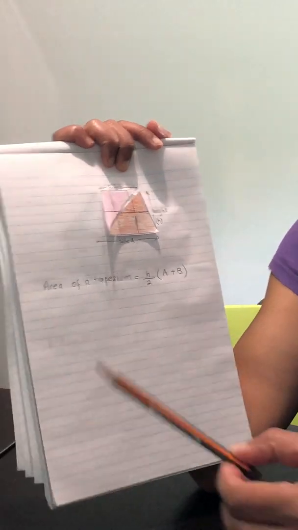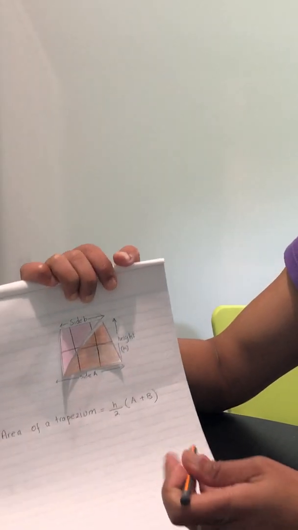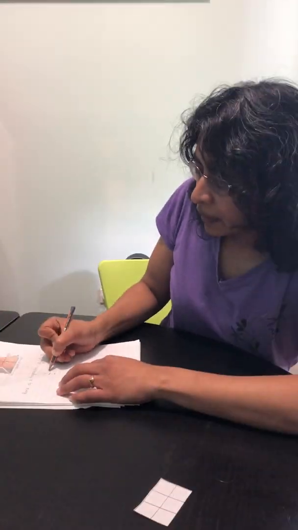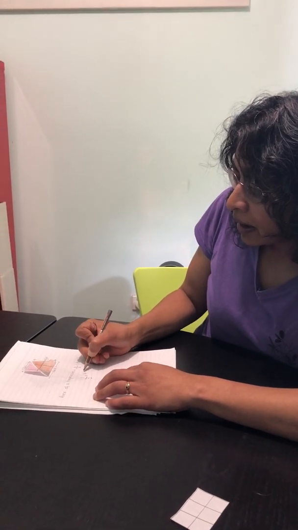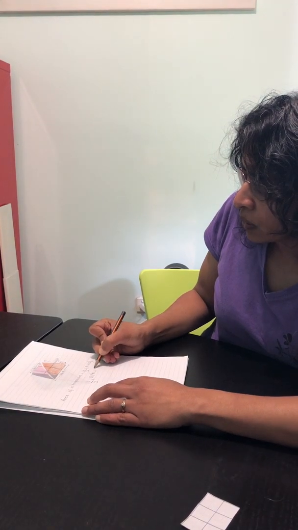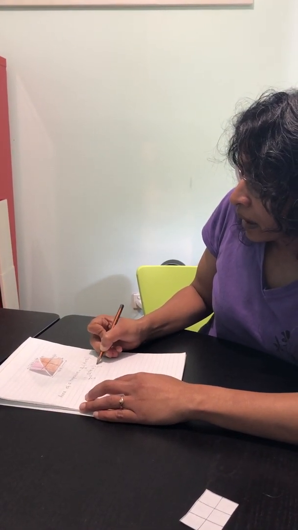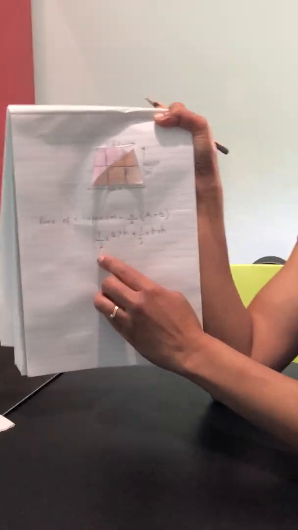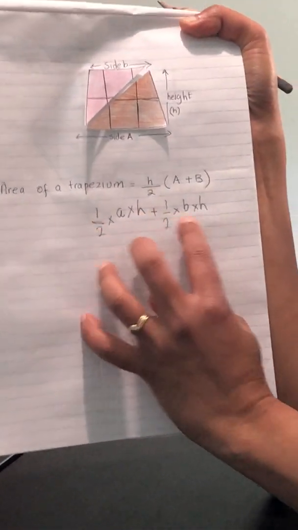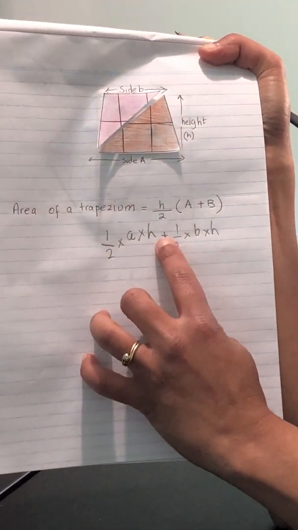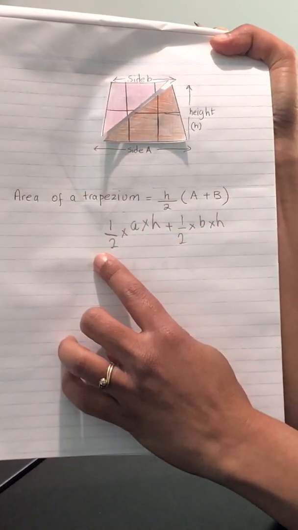As you can see here, we can write the area of one of the triangles as half times A times H. And likewise, the other triangle is half times B times H. You can see that these two expressions have common terms. Half and H are common to both triangles.